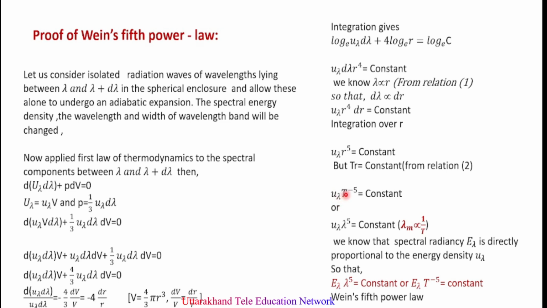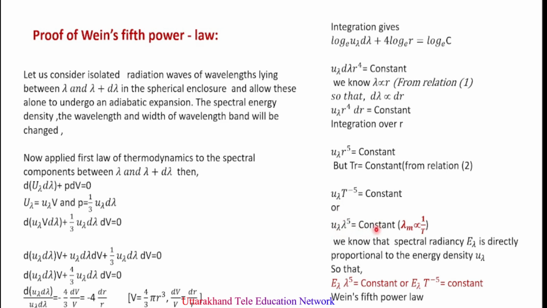But also we know that temperature and wavelength are inversely related, that is lambda_m is inversely proportional to T. If T is minus, then lambda will be plus, so u_lambda times lambda to the power 5 is equal to constant.